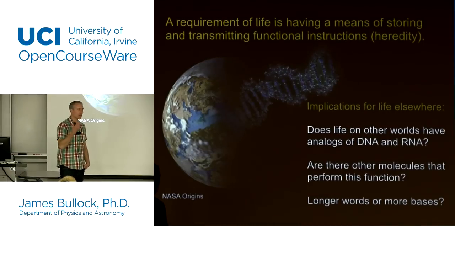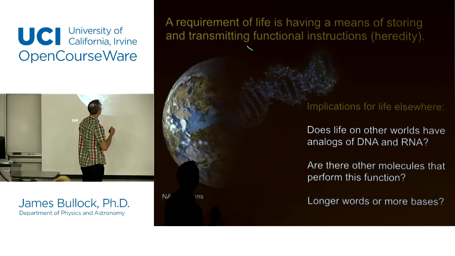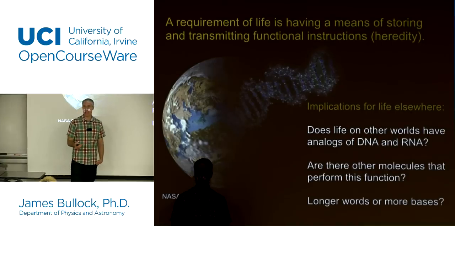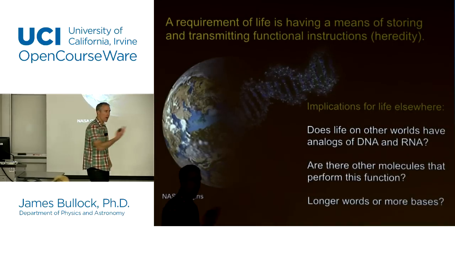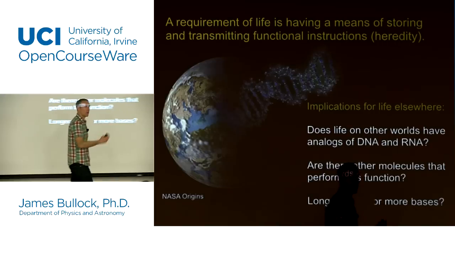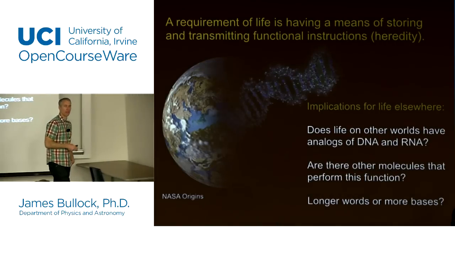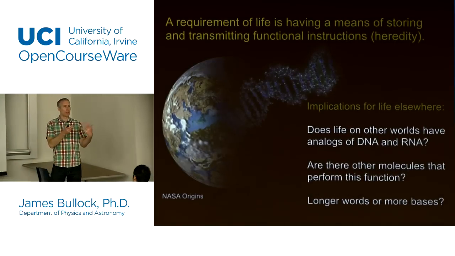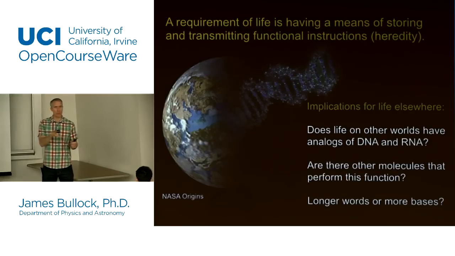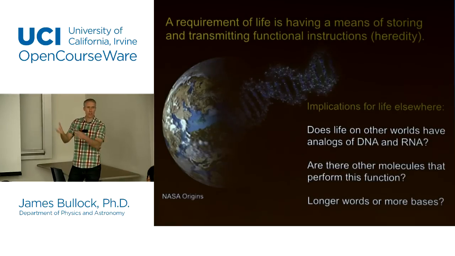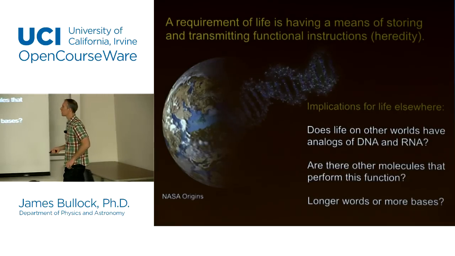It seems like you would have to have something with the functional instructions of heredity, so that the forces of evolution could take over and drive things towards more complex forms of life. Otherwise, it would probably be stalled in some kind of proto-life state where you didn't have any heredity to drive you towards more complexity.